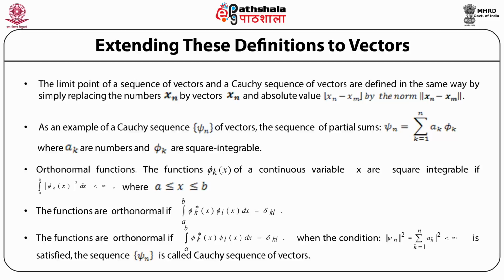Now, when the square of the norm of psi n, which is the summation k going from 1 to n of the modulus of ak whole squared, is less than infinity, then the sequence psi n is called a Cauchy sequence of vectors.